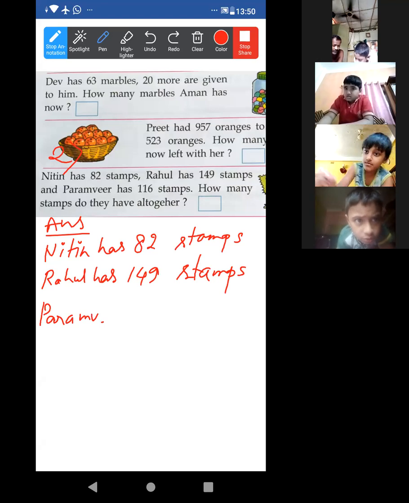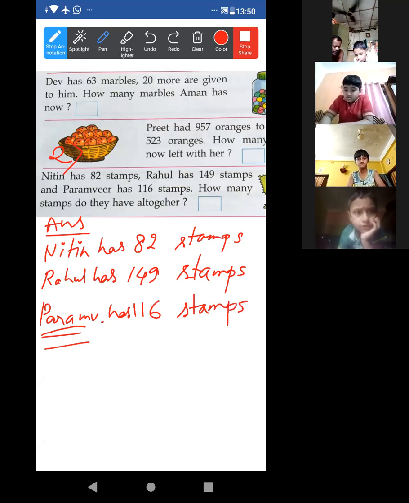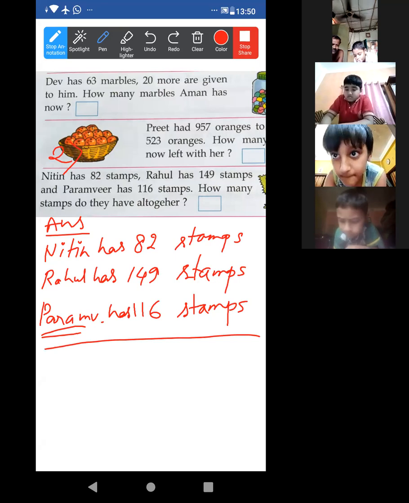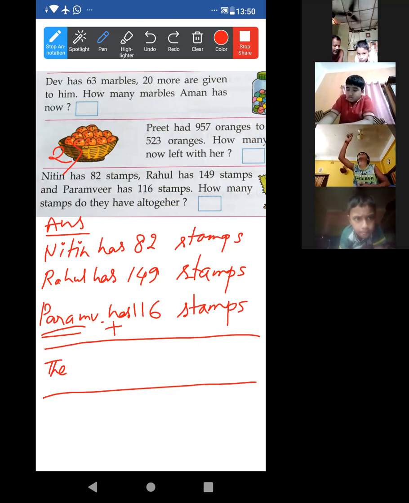I have written Paramveer with a dot; you will write the full name, the whole word, okay? Paramveer has 116 stamps. Now just put the addition sign over there. Total altogether they have is equal to, just you have to add.